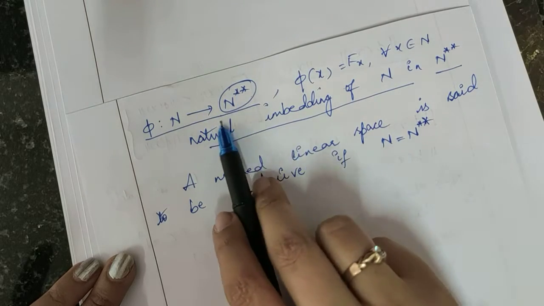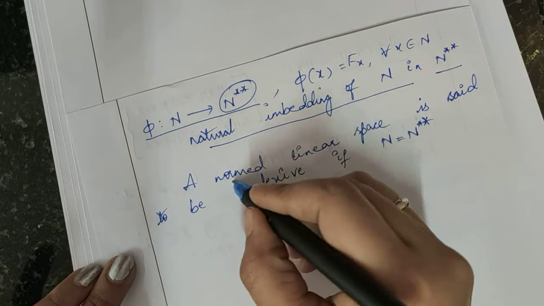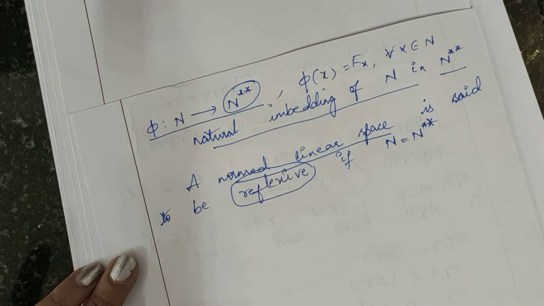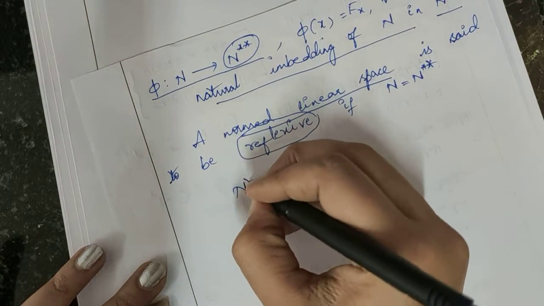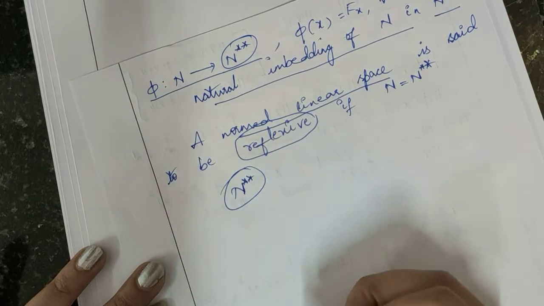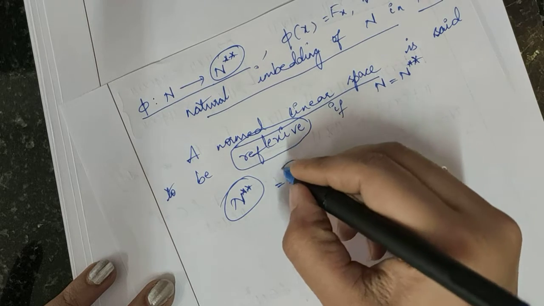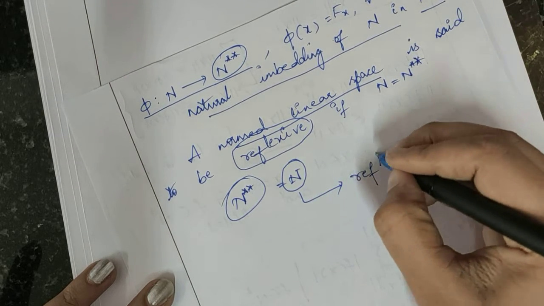If this second conjugate space is equal to the normed linear space itself, then you can call that normed linear space reflexive. I repeat: if the second conjugate space N double star is equal to N, then this normed linear space is called reflexive.